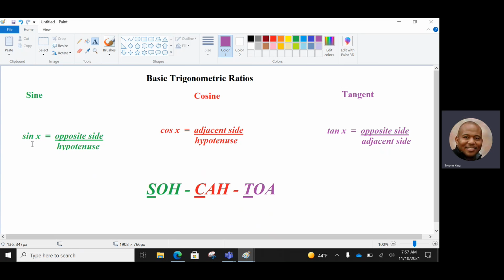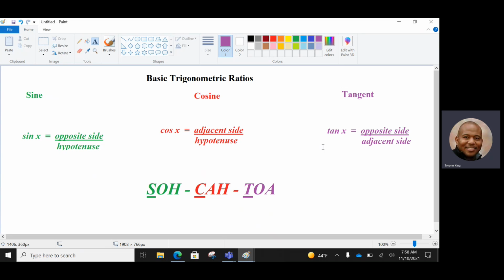Anytime you hear sine, they're talking about the opposite side of a triangle over the hypotenuse. The opposite side over the hypotenuse. Next, we have cosine, which is the adjacent side over the hypotenuse. And the third one is tangent, which represents the opposite side over the adjacent side.